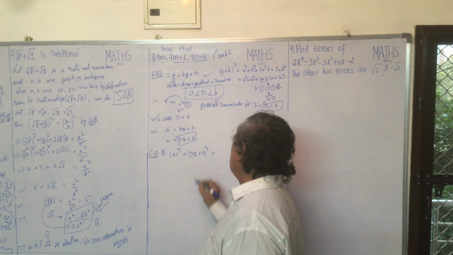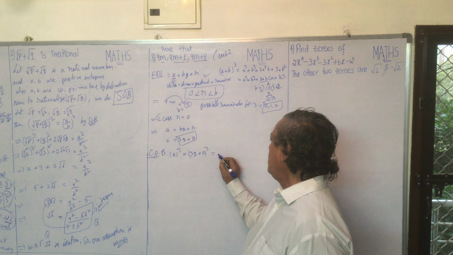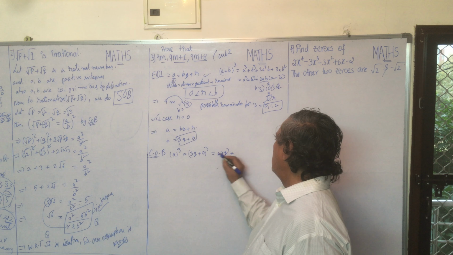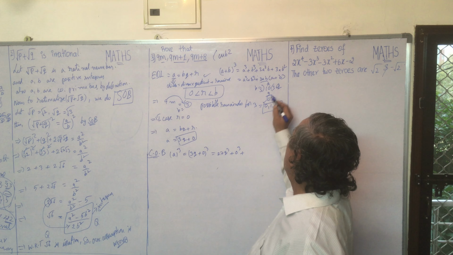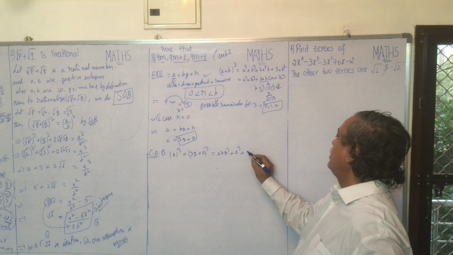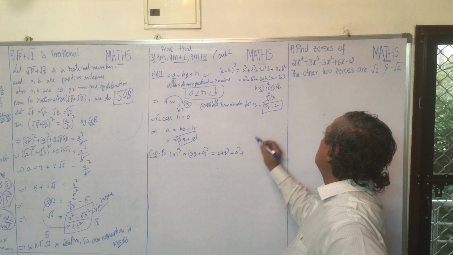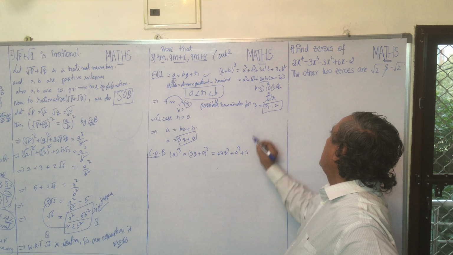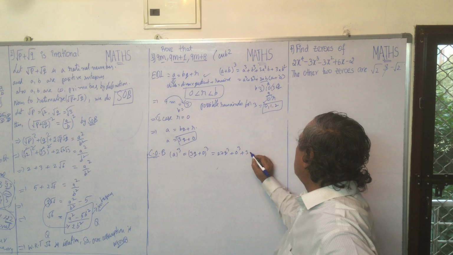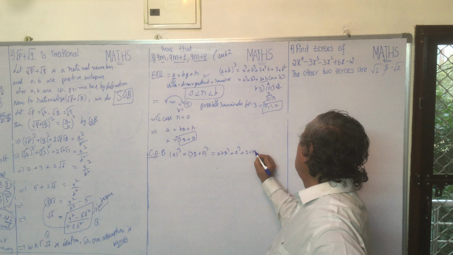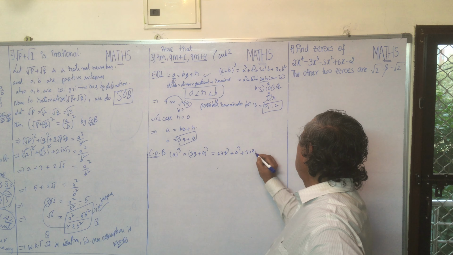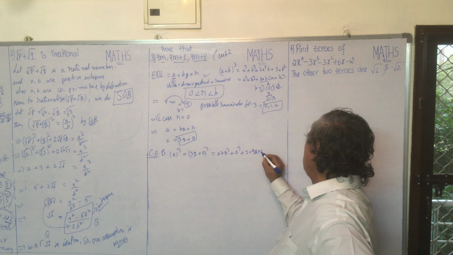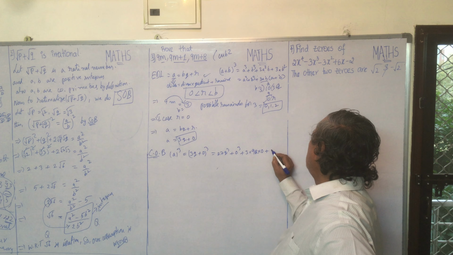Three 3s are 27, so 27q cube, plus 0 cube, plus, from the formula, 3a square b: a is 3q, so 3 into 9q square into 0, plus b cube, which is 0 cube.